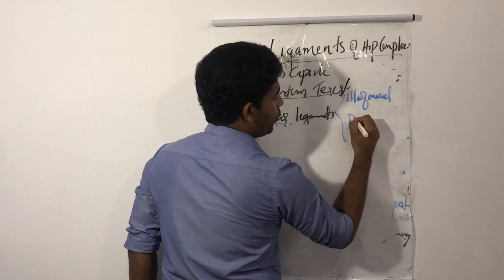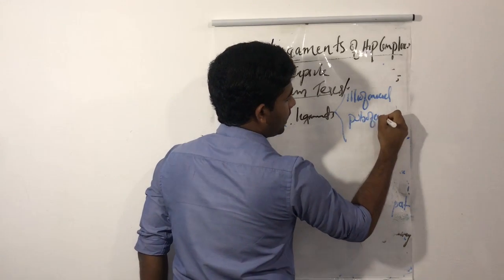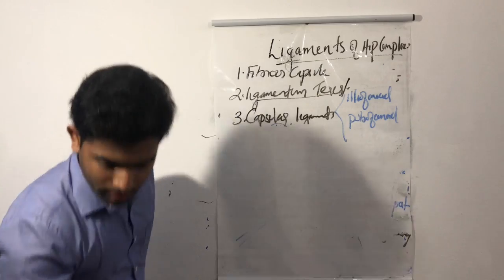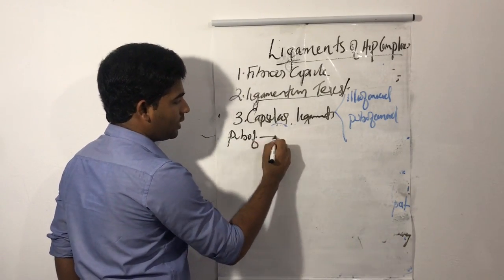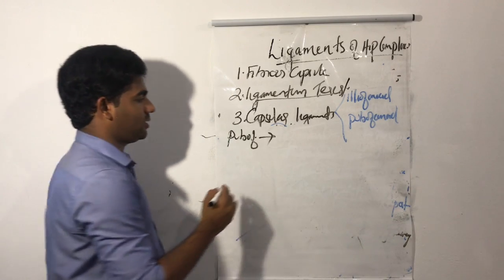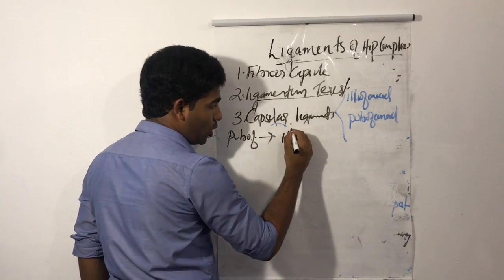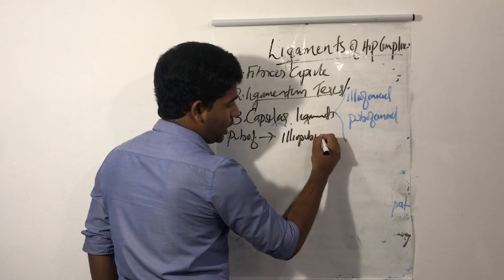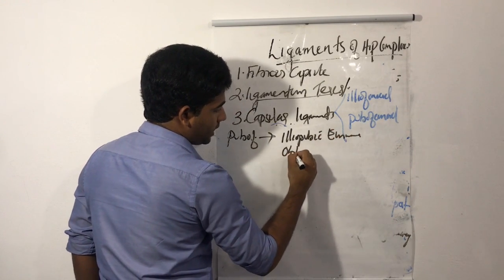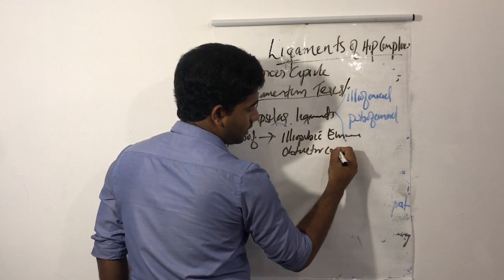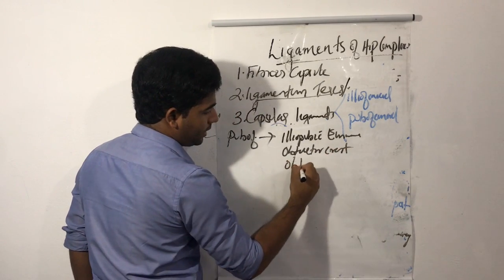Second one, pubofemoral ligament. What are the peculiarities of the pubofemoral ligament? As the name suggests, from the pubis, that is from the iliopubic eminence. Its origin is the iliopubic eminence, obturator crest and obturator membrane.